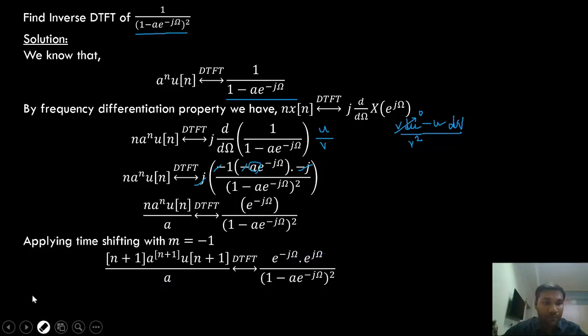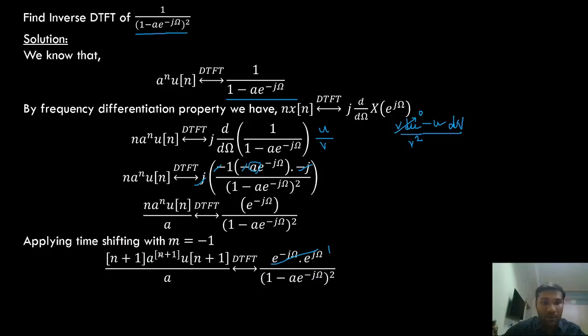Now, this gets cancelled. I have 1 here. So that is my X of e power j omega, 1 by 1 minus a into e power minus j omega whole square. And here, this is my corresponding inverse DTFT on my left hand side. So a into, here I can cancel 1 a.